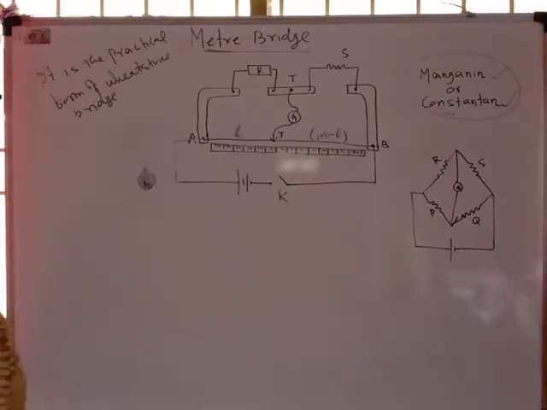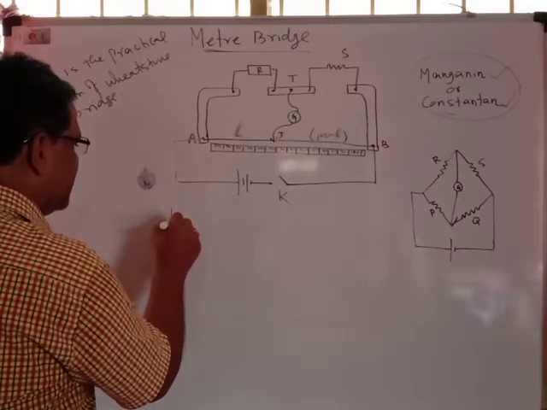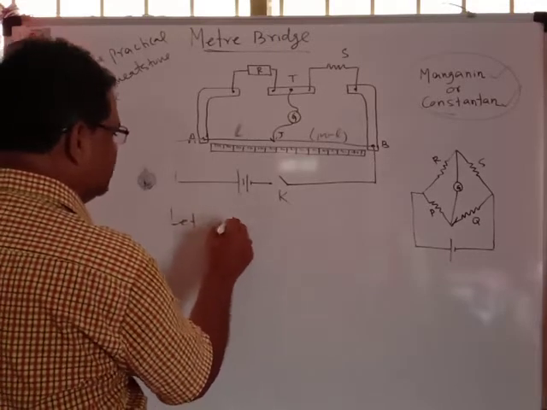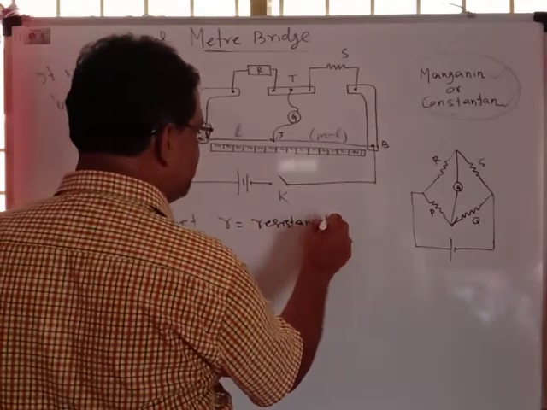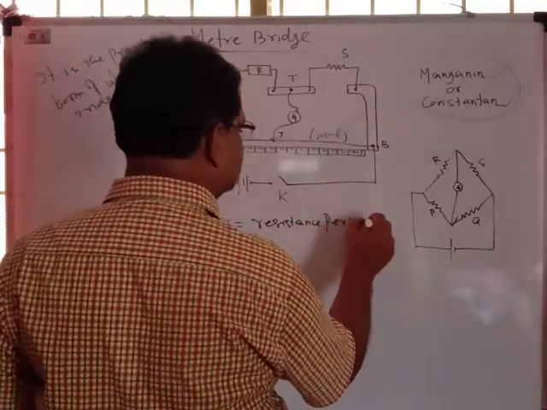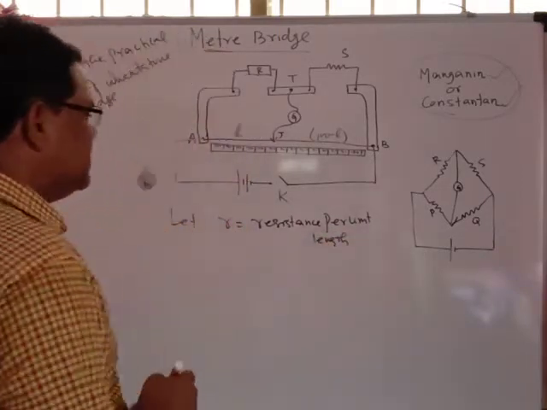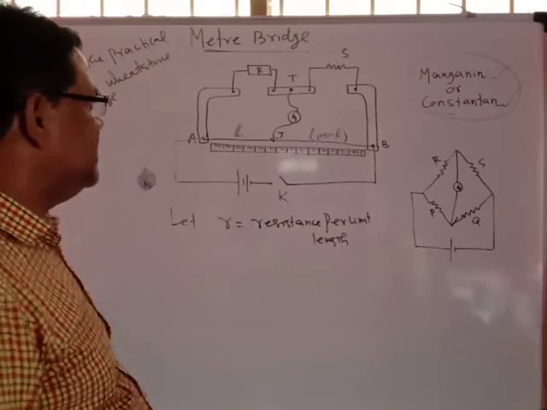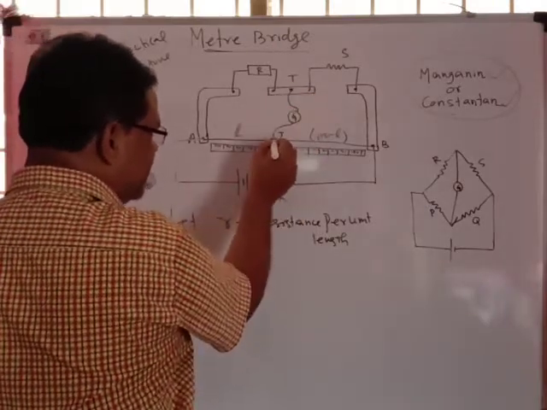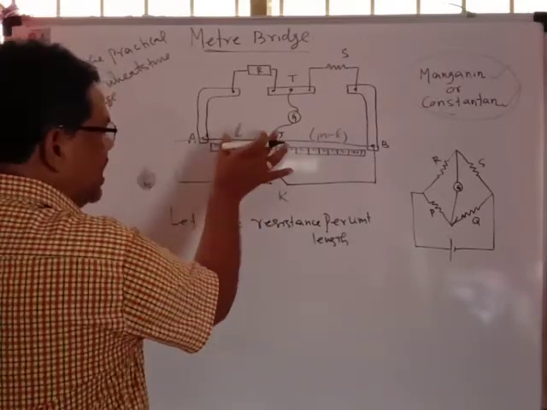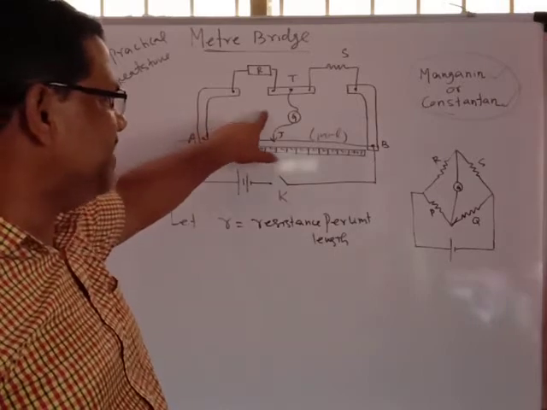Let us suppose r is the resistance per unit length. If the jockey is touched at a point J and we get no galvanometer deflection, then in that condition the Wheatstone bridge is balanced.